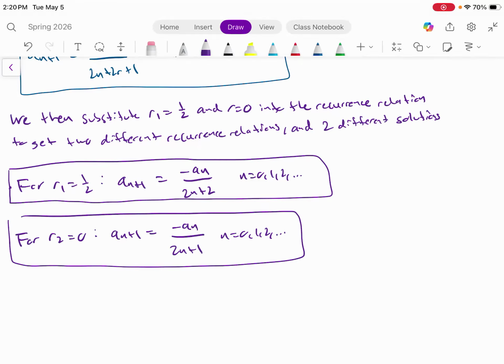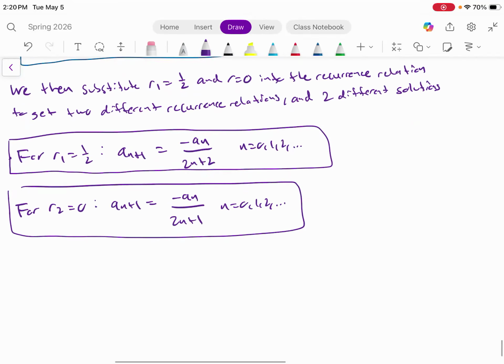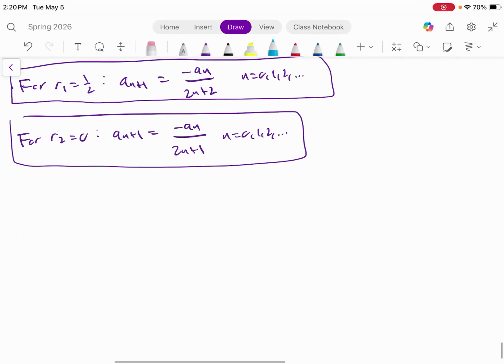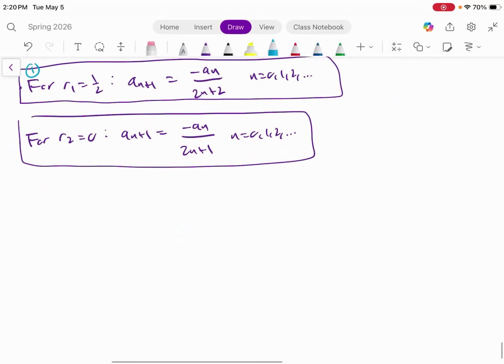So let's set up these recurrence relations, and then let's get two solutions to these. Let's set up the first one. I'll say 1 and 2. So for 1, for r1 equals 1/2, the recurrence relation is an plus 1 equals negative an over 2n plus 2.